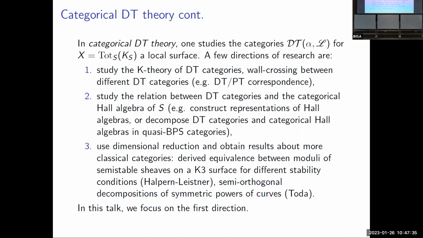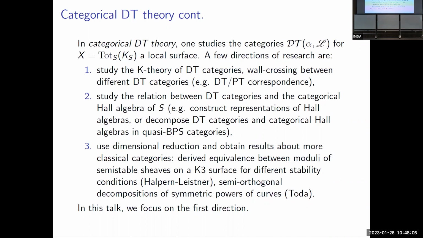This is like the classical understanding of DT invariants in terms of BPS invariants. On the other hand, Hall algebras themselves also have to do with BPS invariants. These Hall algebras should be the positive parts of some quantum affine algebras, where the relevant Lie algebra is called the BPS Lie algebra. So it's a homological version of this BPS invariant.